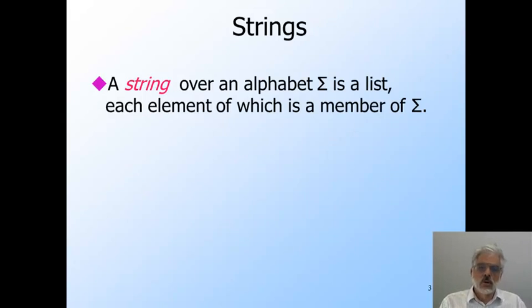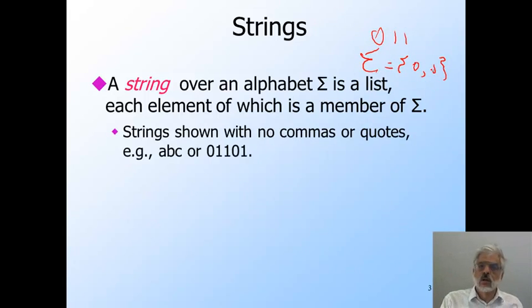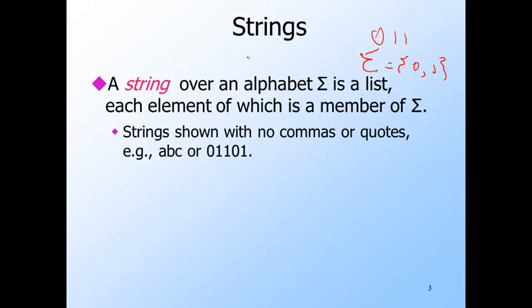For example, 011 is a string over alphabet 01. It is also a string over alphabet 0, 1, and 2. It just happens not to have any 2's.